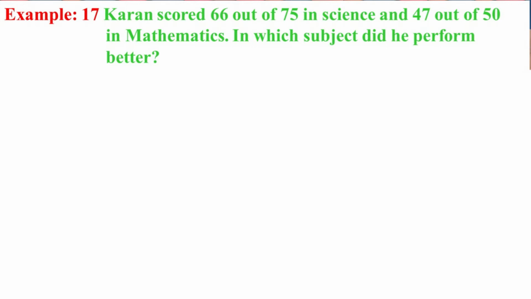Then it will be easy to compare and find in which subject he performed well. So let us take science first. In that, he secured 66 out of 75. So the total mark for which the exam was conducted is 75, and Karan secured 66. Let us find the percentage for science first.